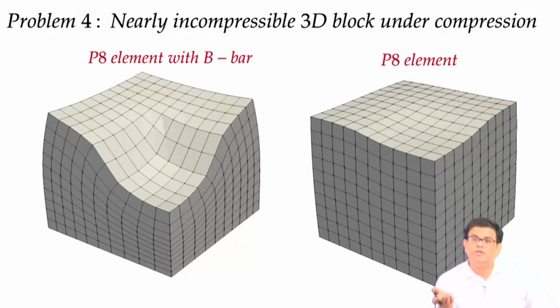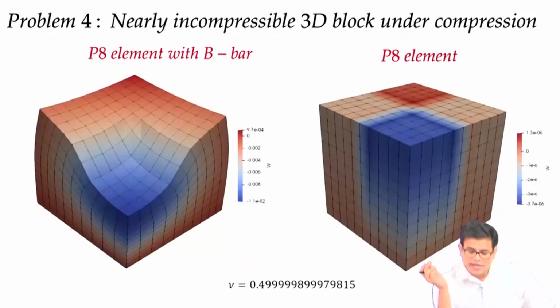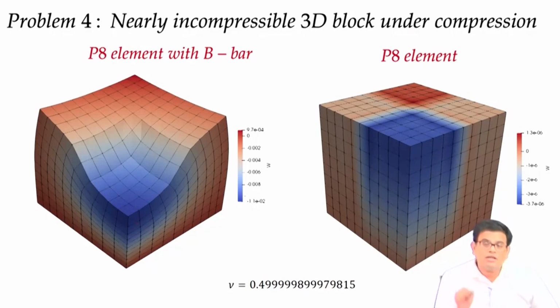If I plot W, with a very high Poisson's ratio the solution naturally goes to 0, while the B-bar solution is like this. So the B-bar method is very useful in solving incompressibility problems.